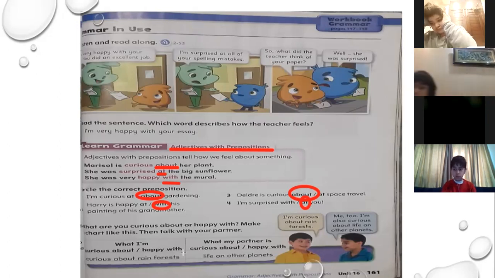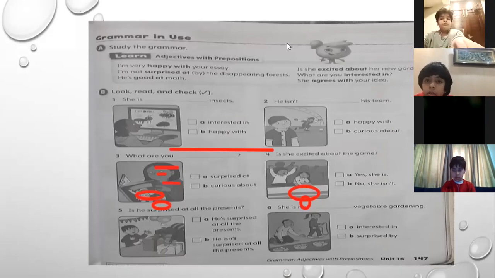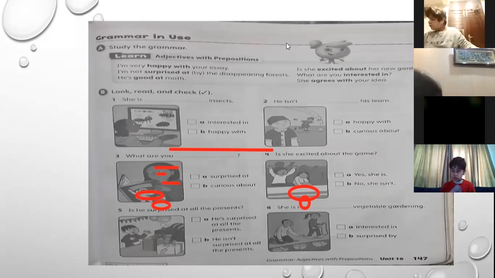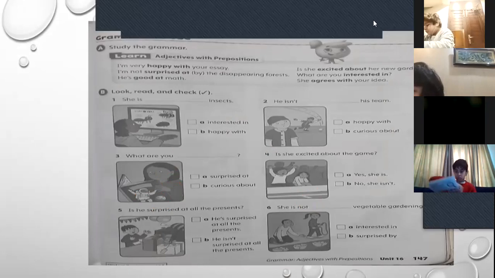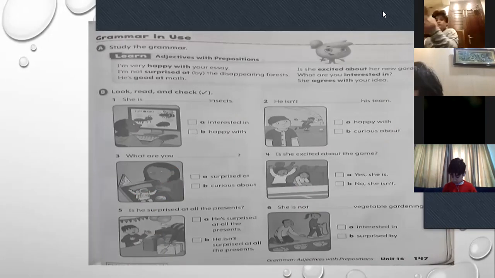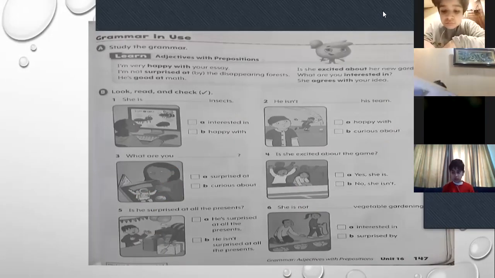Okay, students, now jump on to the next page, that is page number 147 of your workbook. Page number 147 of your workbook, all of you.